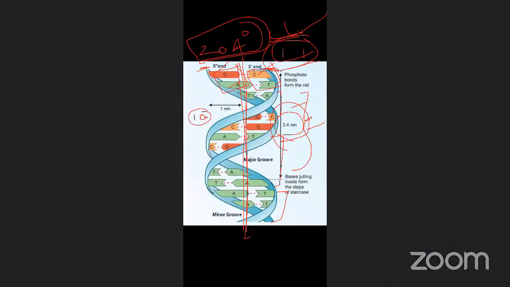If the DNA pitch length is 340 angstroms, how many nitrogen bases are present in this pitch? Or 34, sorry.